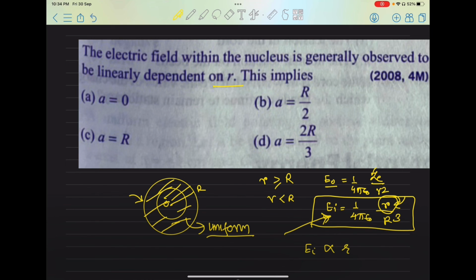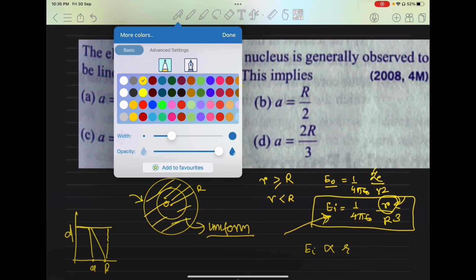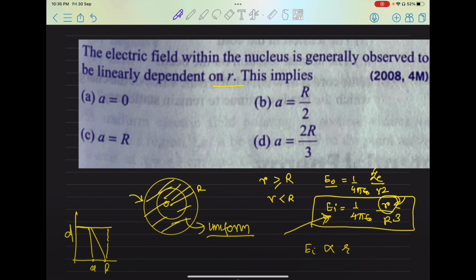Now, when we go back to our figure, where this was D, this was R, and this was A, for this to be true, the charge density should be constant throughout the distance of this r. That means this linear decrease of the charge density should not be there. Or in short, from 0 to R, this is how it should be.